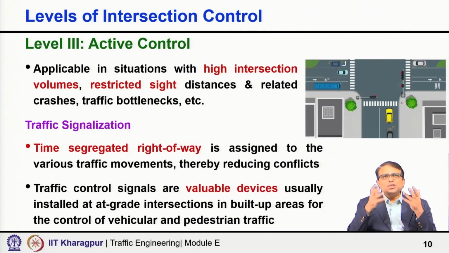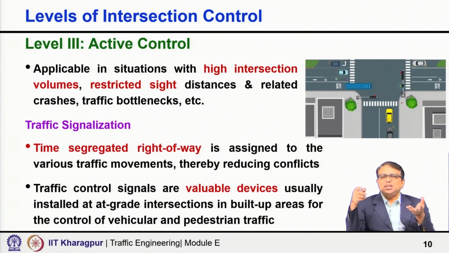Now, even with this level of control, sometimes the operation may still not be acceptable in terms of safety and overall efficiency, and you may find that the volume does not give really good opportunities.